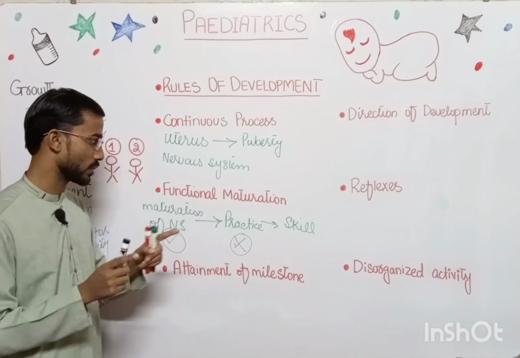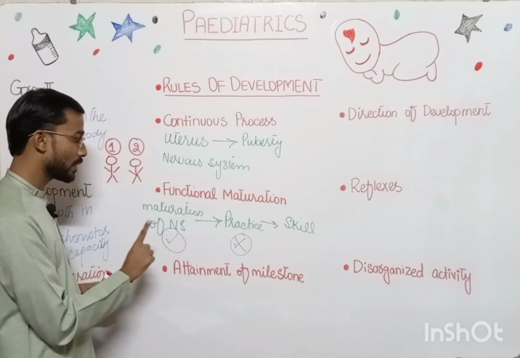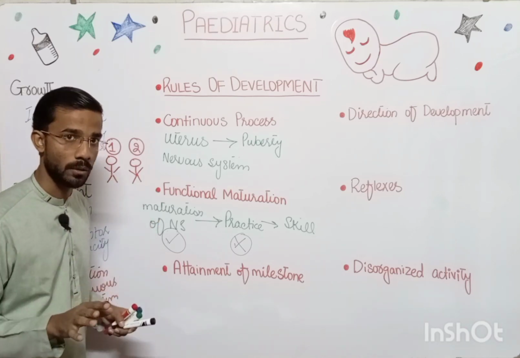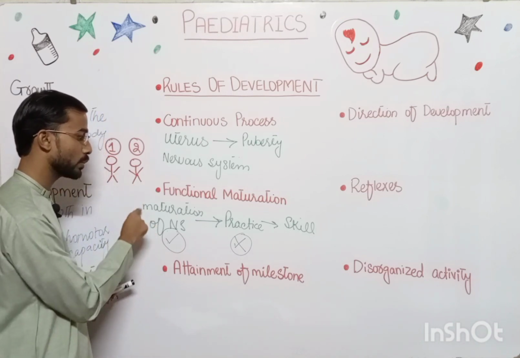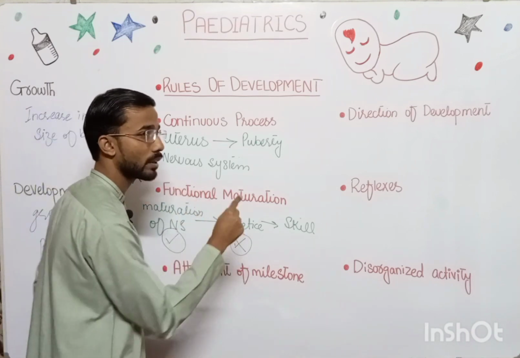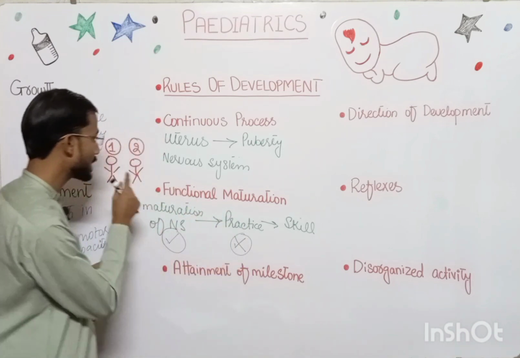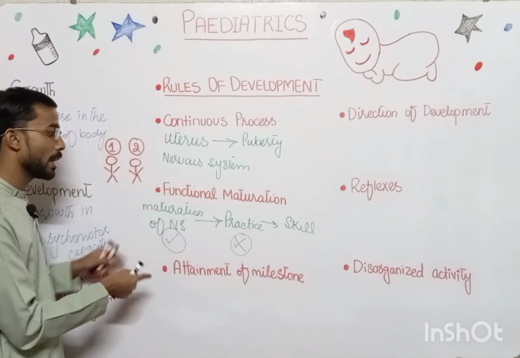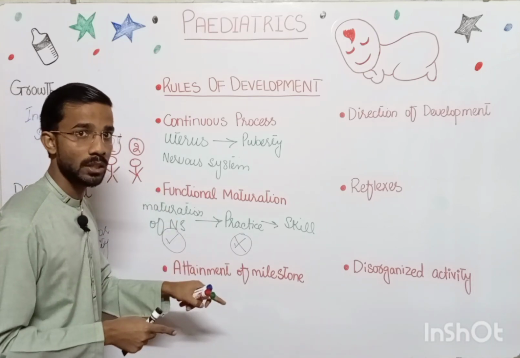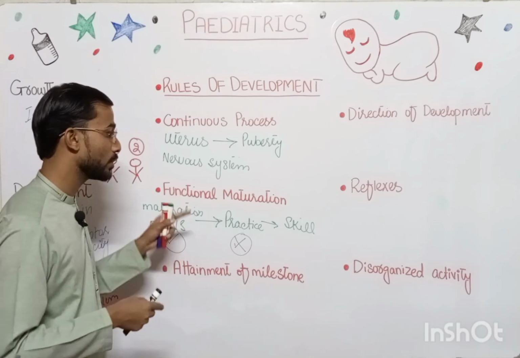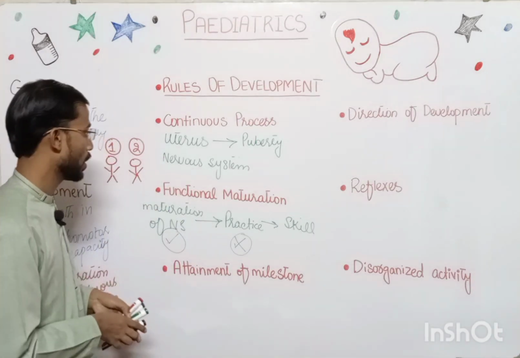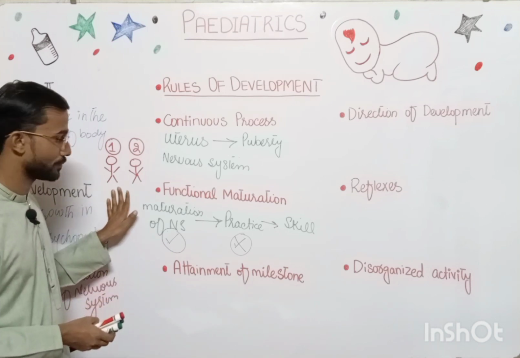So this is the situation. First one, child 1's nervous system does not mature, and due to immaturation he cannot learn any skill. Second case is that the nervous system matures properly, but we do not practice to teach him, due to which he cannot learn any skill. So these are the two cases.